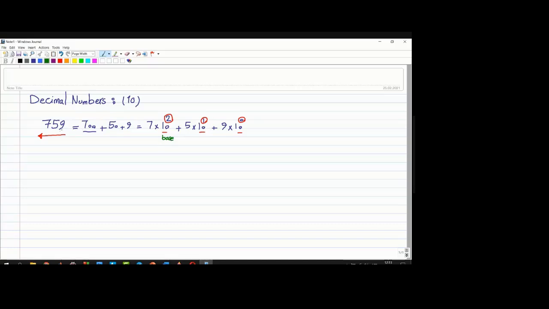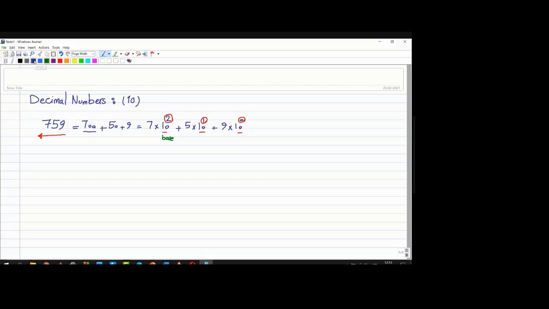Because we wanted to write the number in the decimal system, we write here this base 10 and start the power of this base from 0 up to the end of the number. Similarly, we can rewrite and represent all of the numbers in the different numbering system.